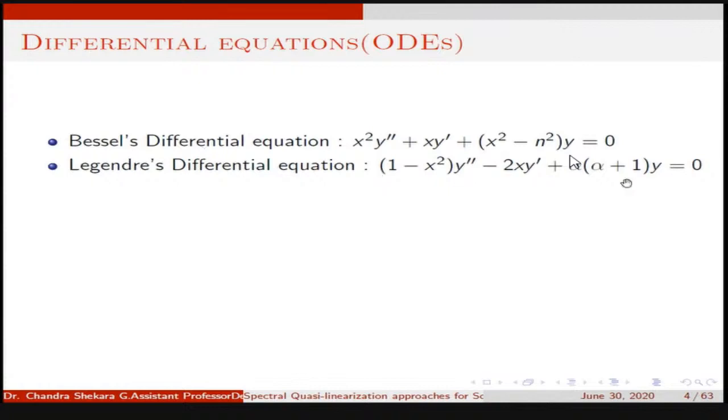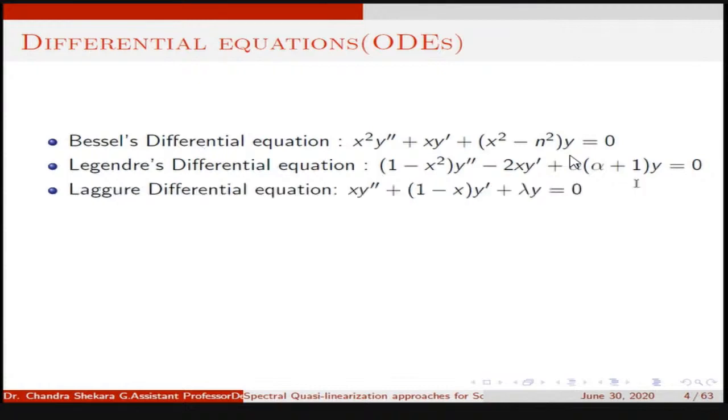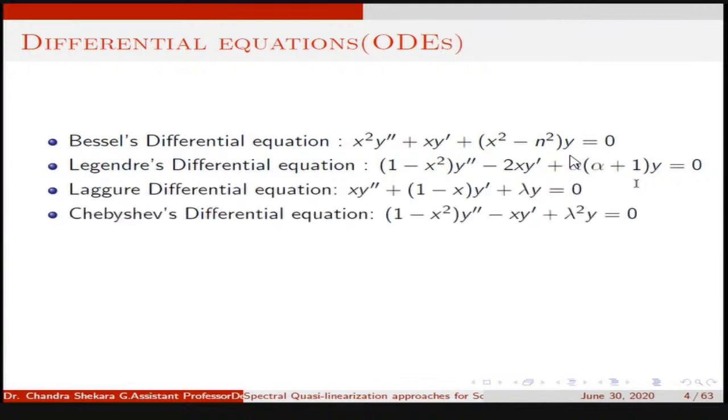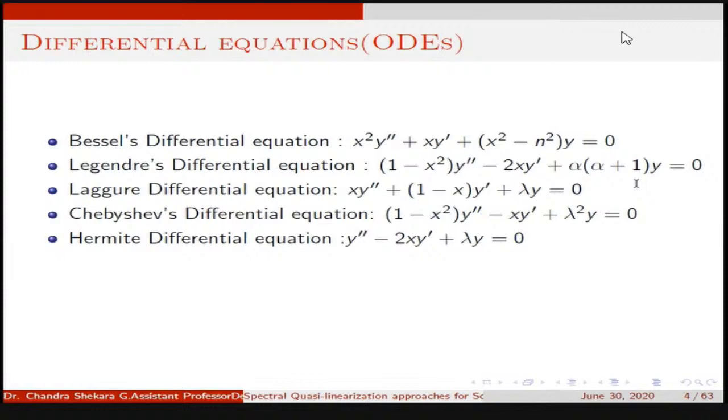It is of this form. Similarly, we get a few more differential equations like the Chebyshev differential equation and the Hermite differential equation. So the solutions or the polynomials or functions associated with these differential equations play a very important role in the spectral collocation method.